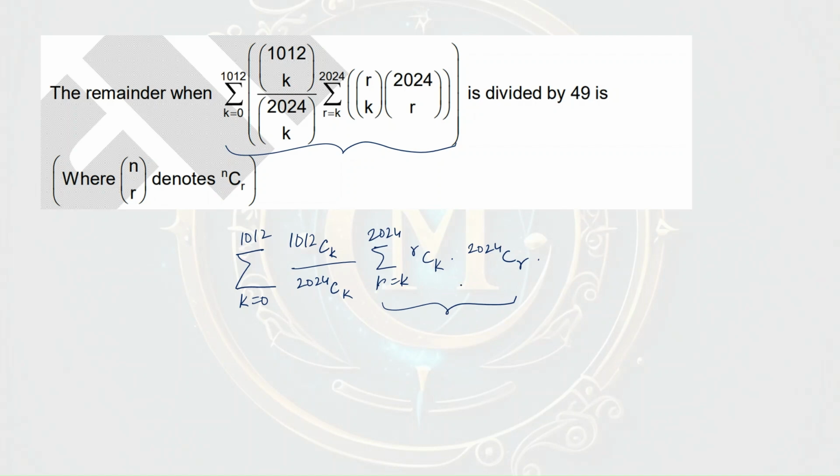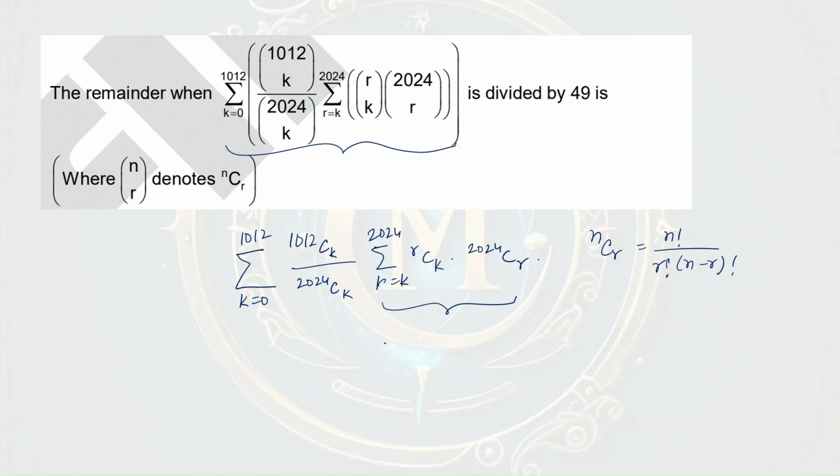Now how to solve this? Here we see that this part is also variable and this part is also variable. So we cannot apply any direct formula here. We need to open up these binomial coefficients. We know that nCr is n factorial over r factorial into n minus r factorial.